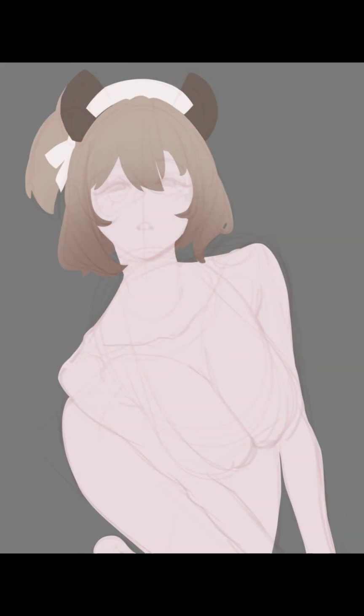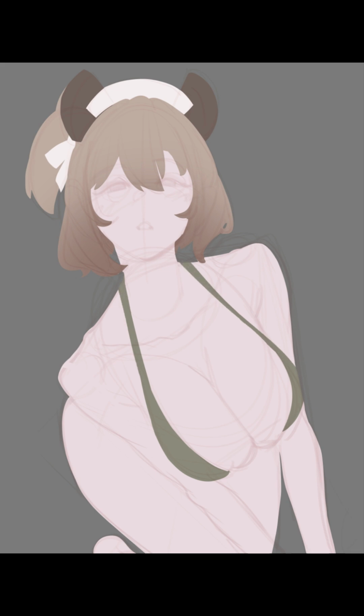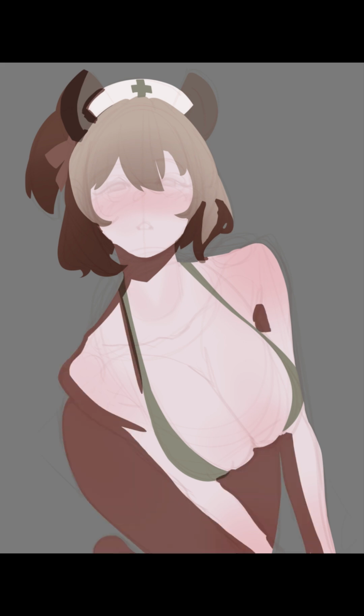So I did some very rough sketches of what the picture might be. I used some references too, and then I decided which one I liked the most.